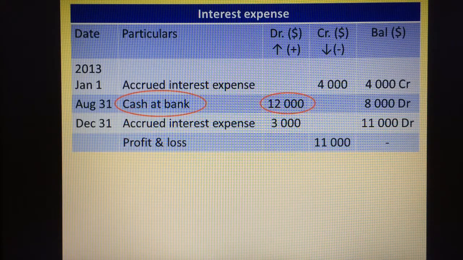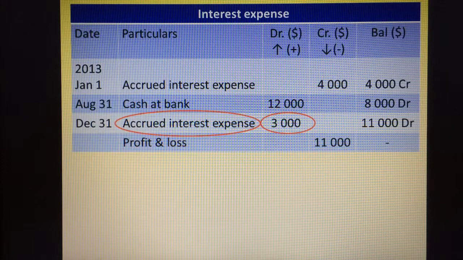On 31st August 2013, the business paid $12,000 of interest expense, so the amount is recorded in the plus column to reflect the increase in interest expense. As at 31st December 2013, there is accrued interest expense of $3,000.